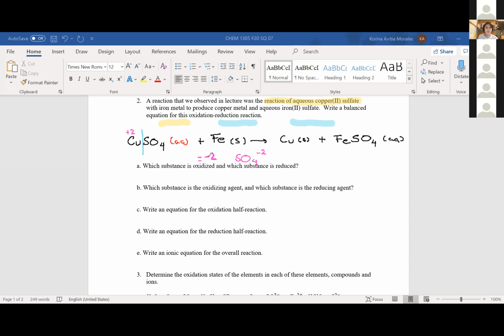So all we need to do is find the oxidation state for sulfur. We know that the oxidation state on oxygen is -2, but we also need to take into account that we have 4 oxygens. So what are we supposed to do here? Multiply that by 4.